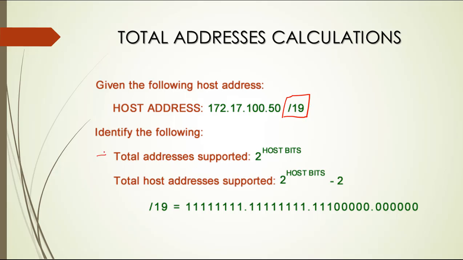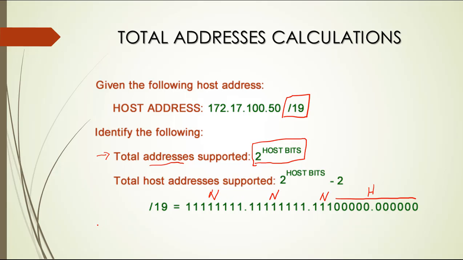First and foremost, we can determine exactly how many addresses are supported within the network that this host resides. All we have to do is apply this formula: 2 to the power of the number of host bits that we have. Since we have a /19, that tells us we have 19 network bits, and consequently we have 13 host bits.